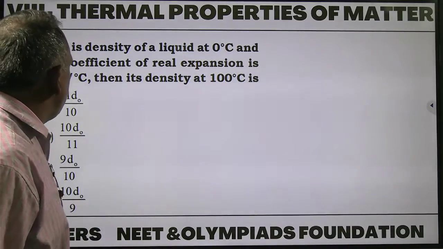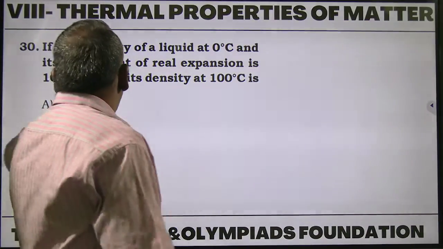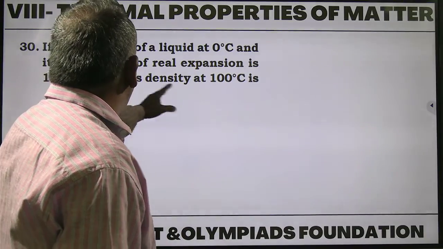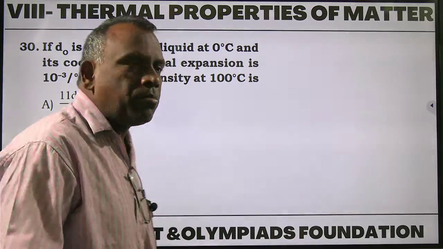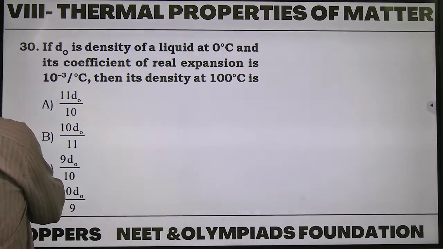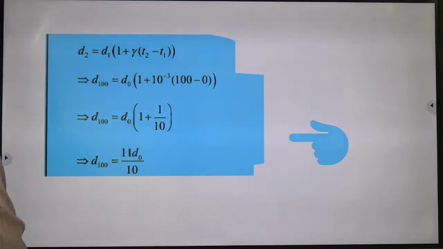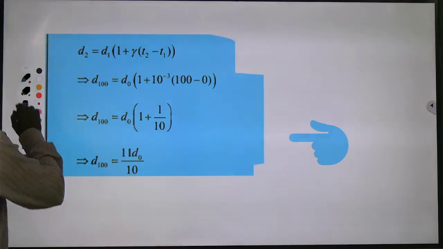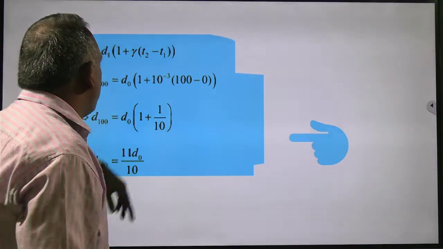See next question: d naught is the density of the liquid at 0 degree centigrade and the coefficient of real expansion is 10 power minus 3. Find the density at 100. Similar model problem. See here, if you observe, d2 equal to d1 into 1 plus gamma into t2 minus t1.